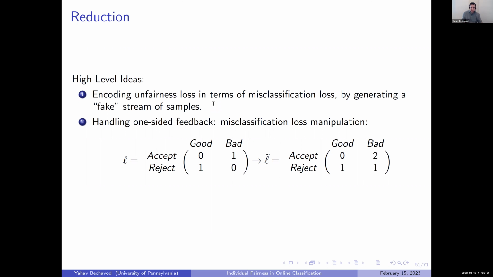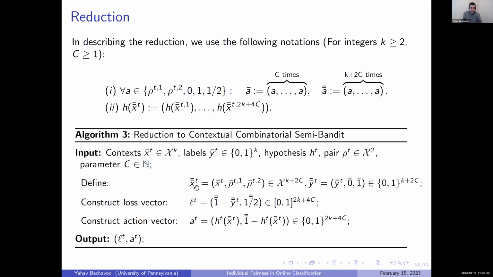We see it here: this X2 bar is the X bar, the k individuals, plus we add entries for the reported violation. And we add fake labels for these entries, 0 and 1 labels. This is the fairness part on the original stream, but we inject these individuals again to translate them to 0, 1 loss. Then we feed this new stream to a contextual bandit algorithm, but now we don't have to take care of two sorts of losses, just a 0, 1 loss.